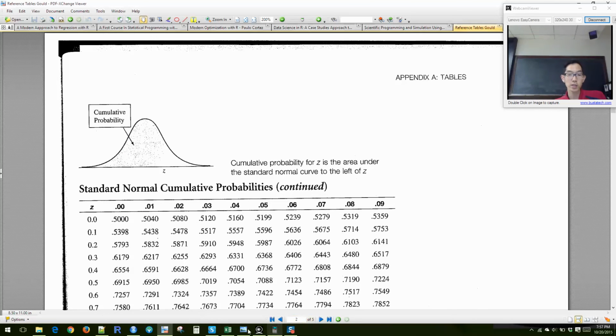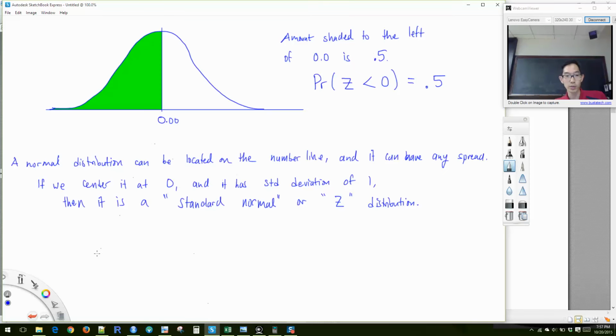And that's because the table always lists out to 2 decimals of precision for z. So 0, if we carry it out to 2 decimals, is 0.00. So z equal to 0 is the same as 0.00.